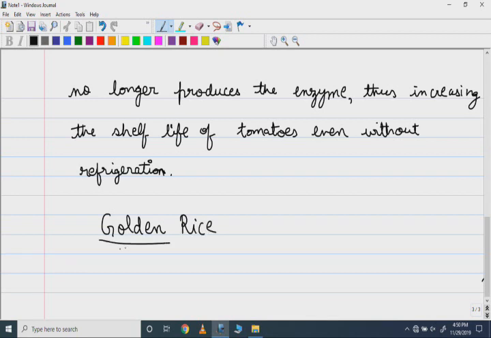There is a question from golden rice in NEET 2019. You remember the question from golden rice? Why do you call it golden rice? What is the reason?